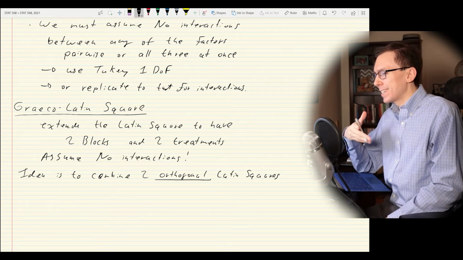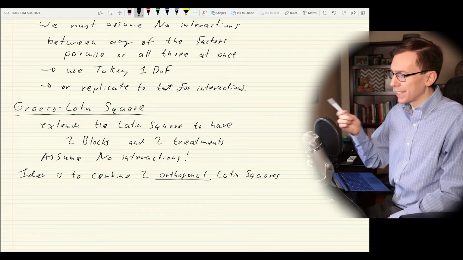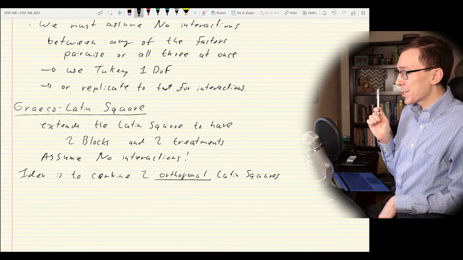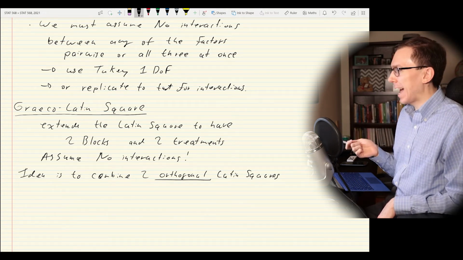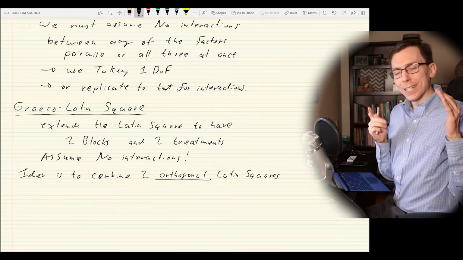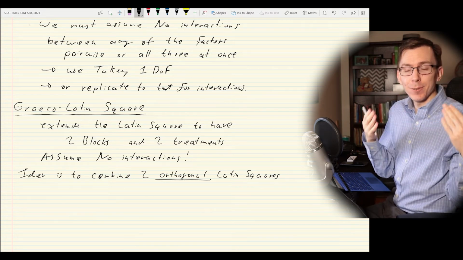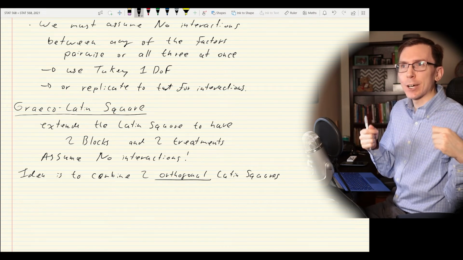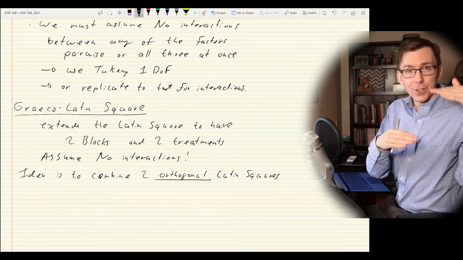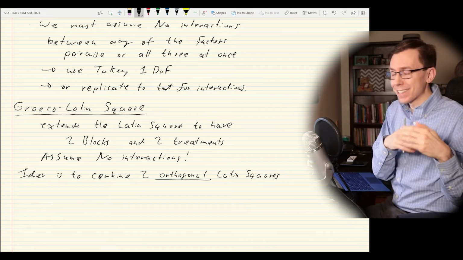And that notion is extended in various ways mathematically. Now, if you have one Latin square, you can permute the rows and the columns to get a new Latin square, but it would be equivalent to the first one because you're just flipping rows and columns around.